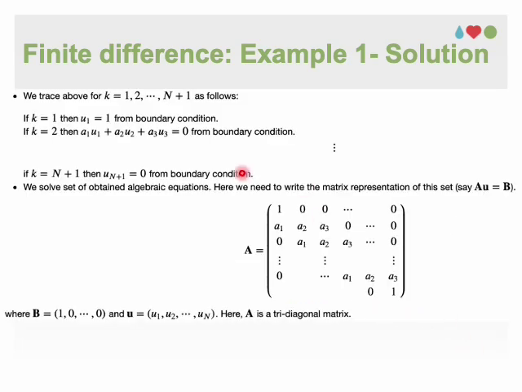In this slide, we trace all algebraic equations to summarize a linear system of n+1 equations for the n+1 unknowns. We write the obtained linear system in the following matrix form. We can solve this system to obtain the solution U at finite difference discretization points.